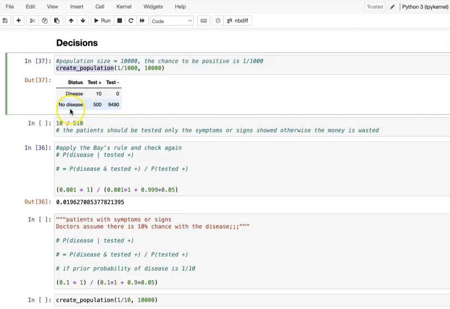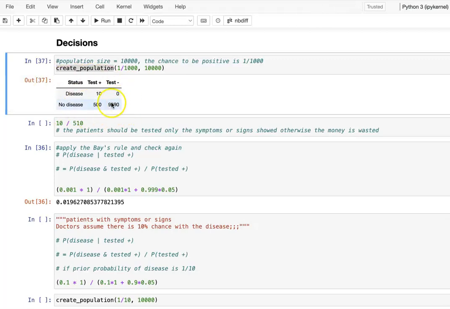That's what we get in the two columns. With disease, test positive is only 10, because our sample size is 10,000. They have disease but test negative is 0. But with no disease, test positive is 500.